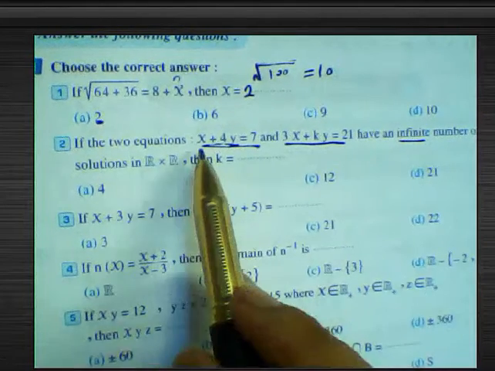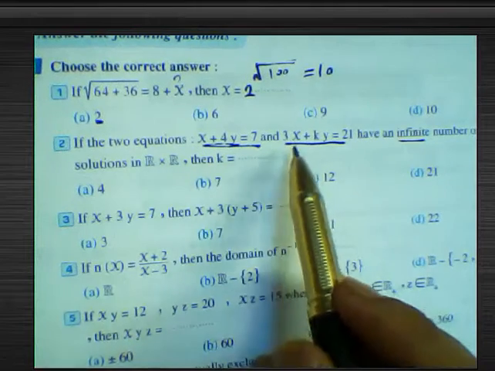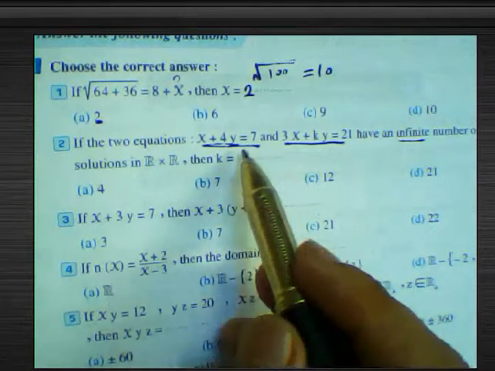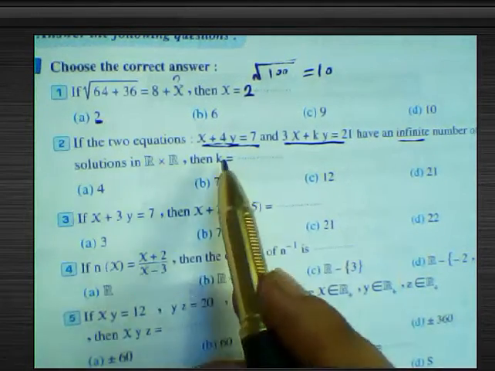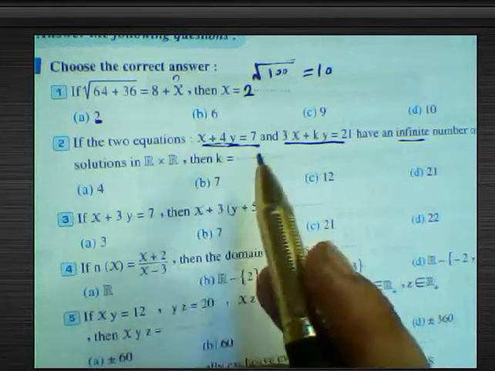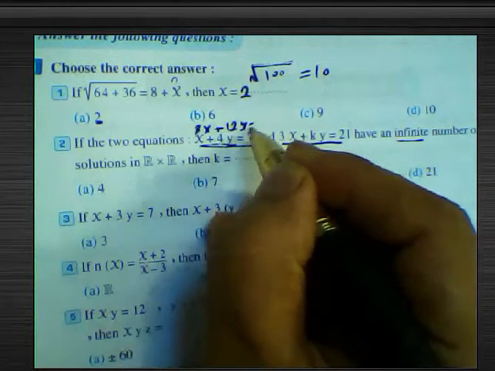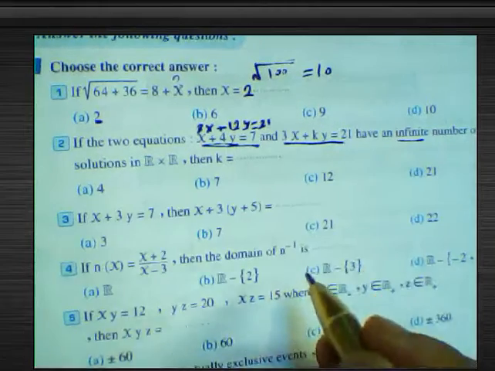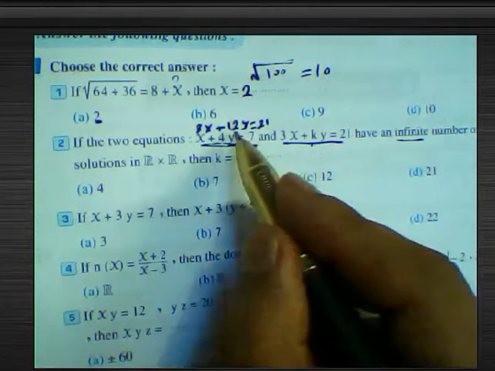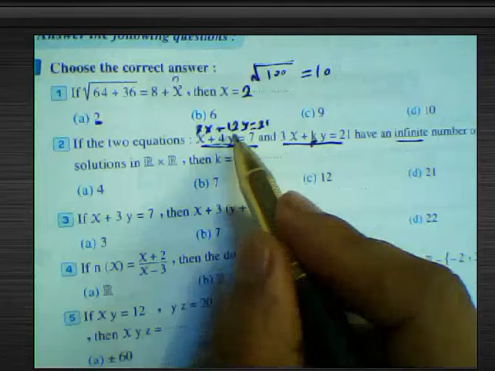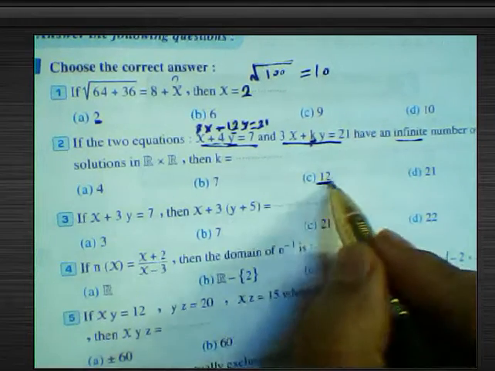Look at the coefficient of x here, 1, and in the second equation it is 3. So we must multiply equation number 1 by 3. It will be 3x plus 12y equals 21. Then k will be what? 12. k will be equal to 12.